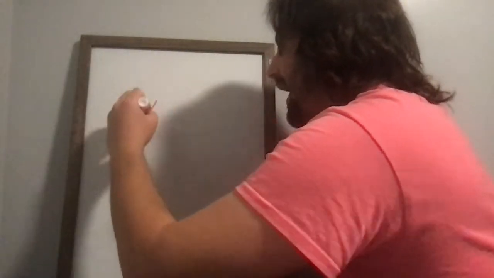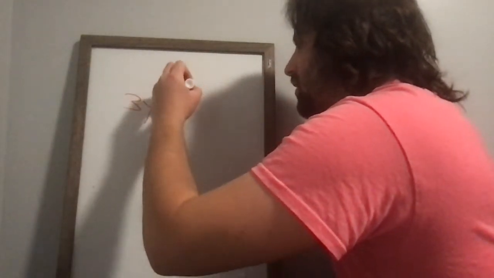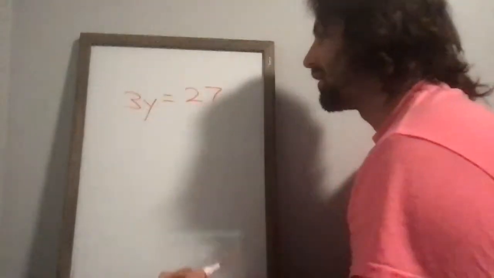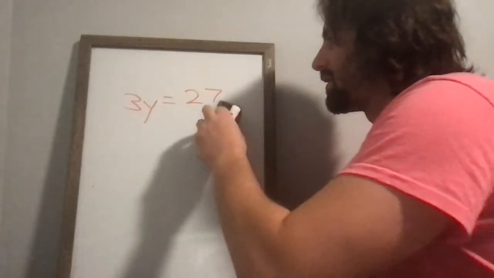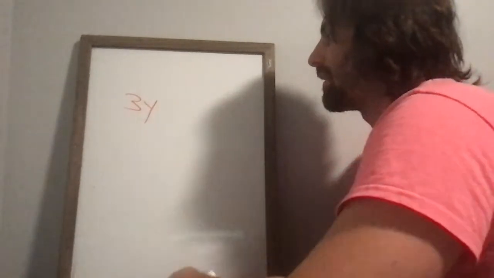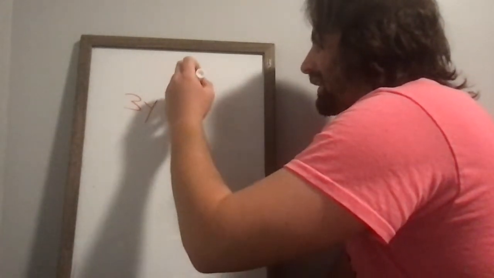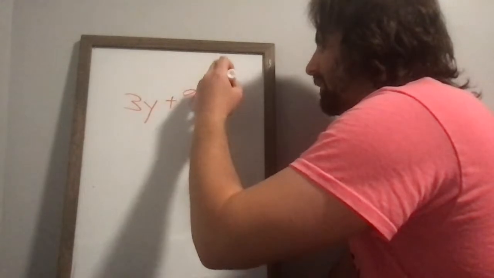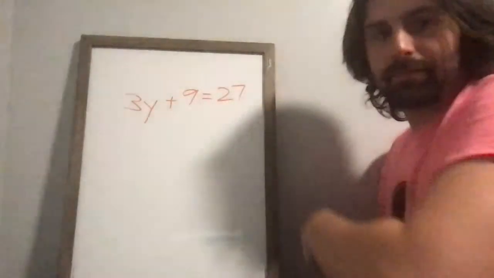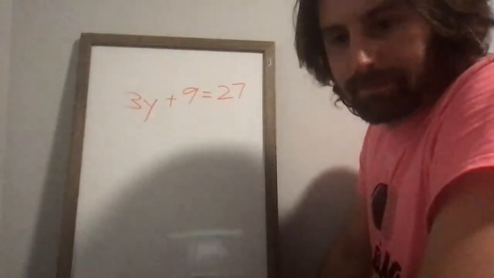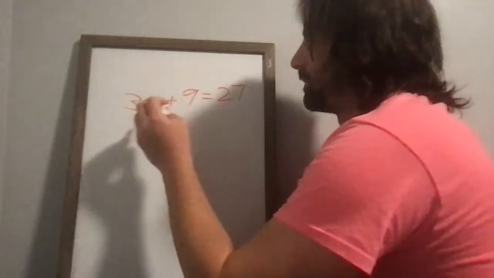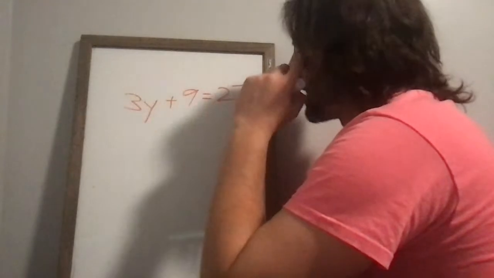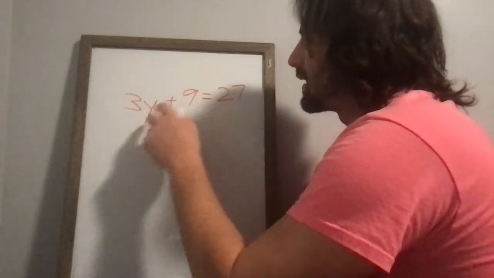All right, 3y equals 27. All right, wait. 3y plus 9 equals 27. Got to make it a 2-step problem. All right. So step 1, got to isolate 3y.